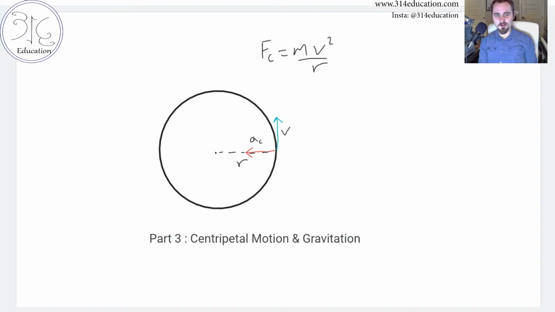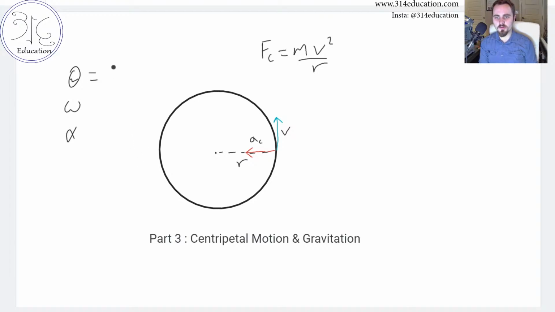So we have for our lovely little splash screen here, actually kind of touches on the main idea of centripetal motion. And so this is a separate topic from rotational motion. Rotational is going to be once we start incorporating our Greek terms, such as theta, omega, and alpha.